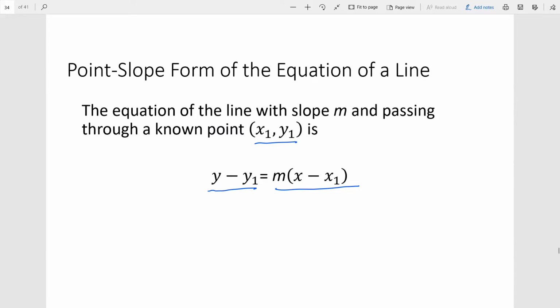So given a point and the slope m, you can write the equation of any line going through that point with a certain slope m. This is the equation.